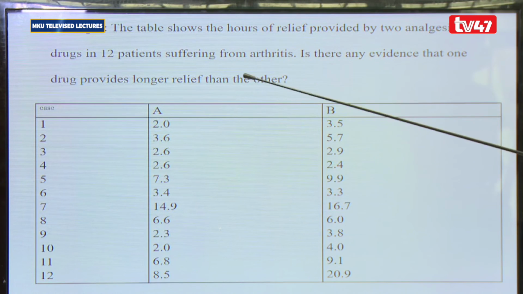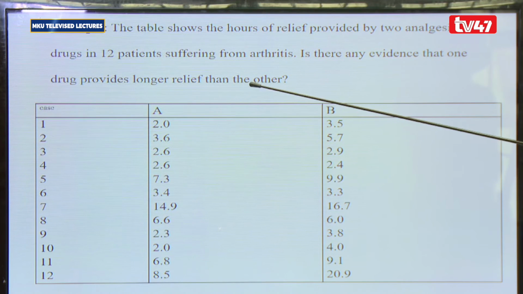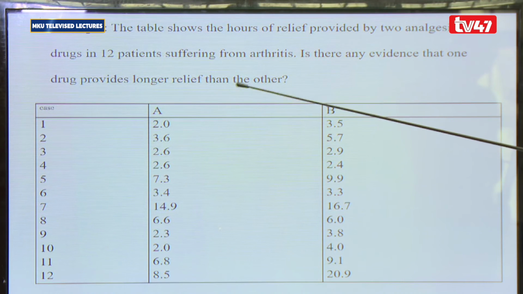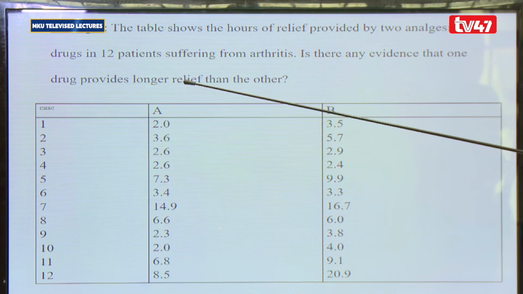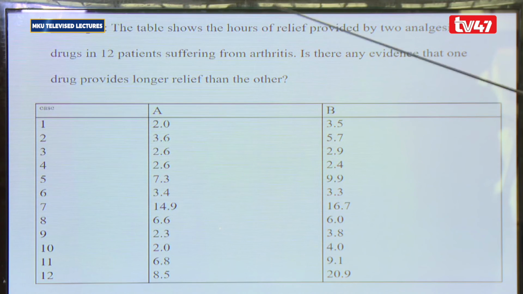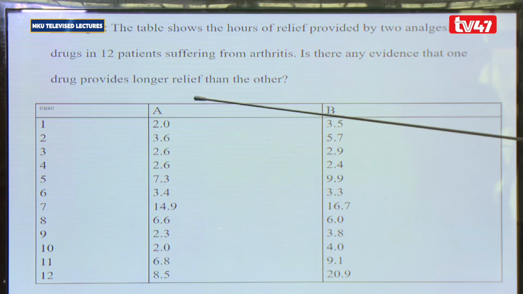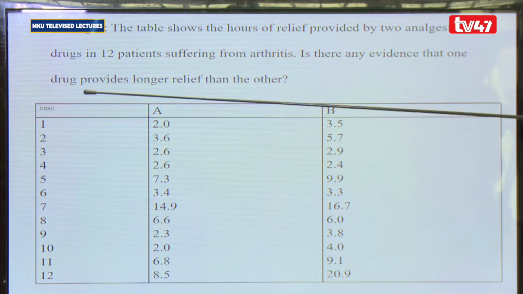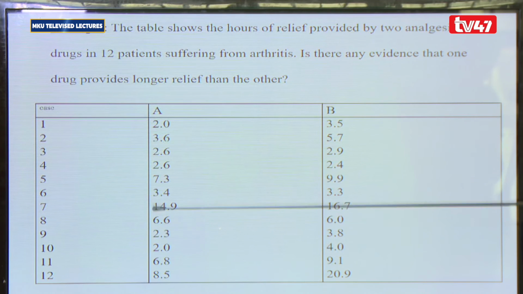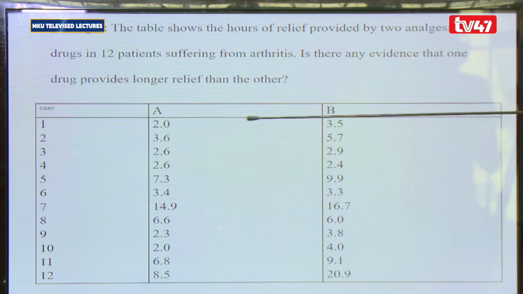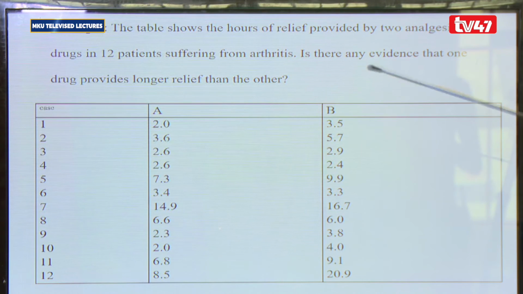Now the question is, is there any evidence that there is a better drug than the other one between drug A and B? We have 12 patients who have been administered the drugs, and in case 1, drug A relieved for 2 hours, while B relieved for 3 hours, and so forth.